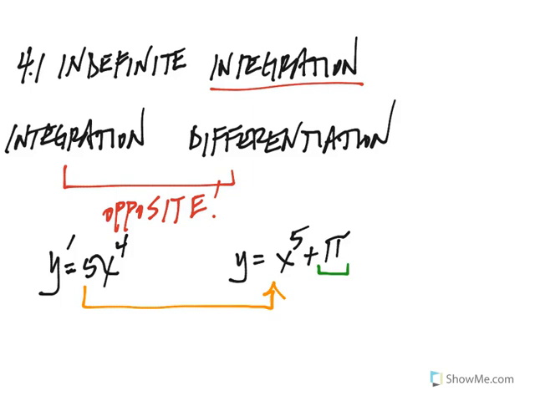So to cover all of those bases, the way that we're going to write it is to say that y is going to be equal to x to the fifth plus c. And this c is a constant of integration, and it covers all possible answers or all possible vertical shifts of the original function.